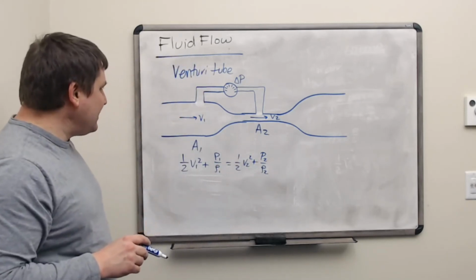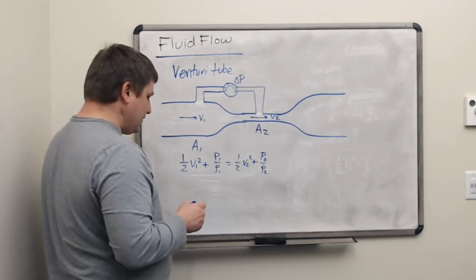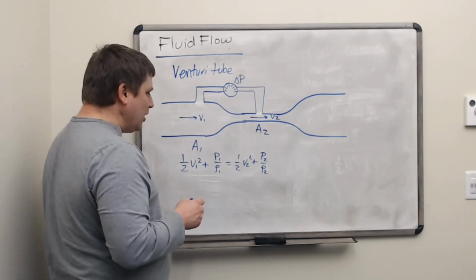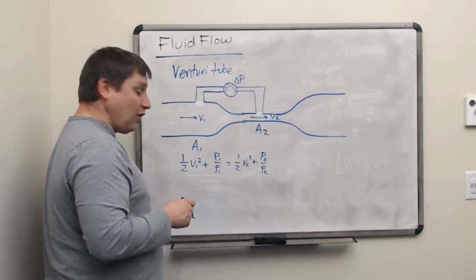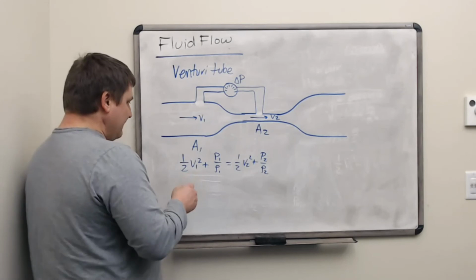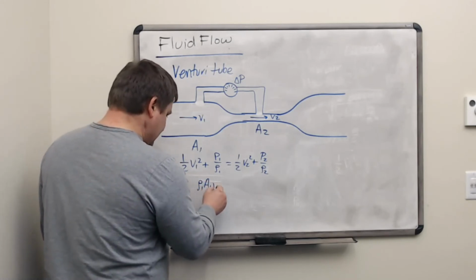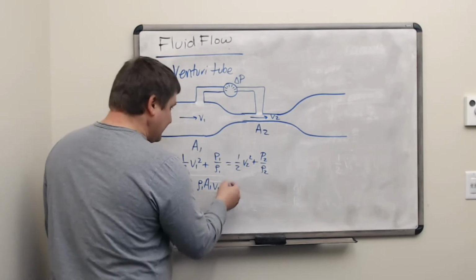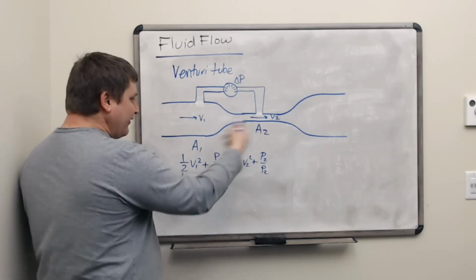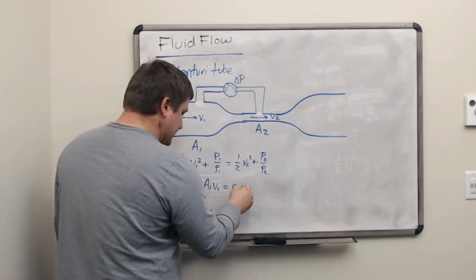Now, in this equation, we have more unknowns than we would be able to solve for. So we need something else. And the second ingredient is the way that the velocity and area correlate. So the conservation of mass equation.